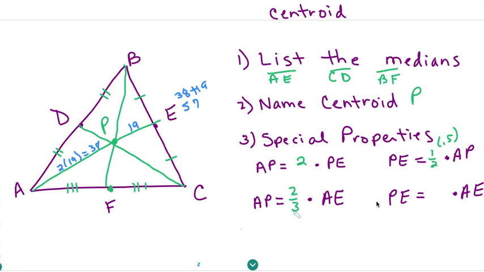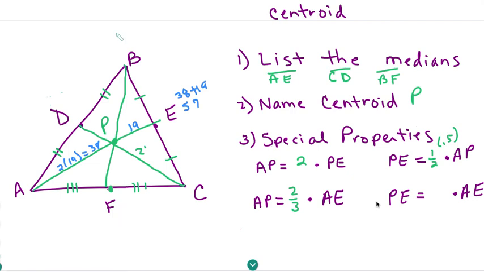So let's try this. If I give you CD is 39, and we go to our calculator and we put 39 times 2/3, we're going to get 26. Let me go back and write these in blue for you.